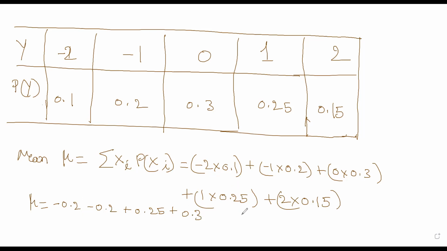So it is 0.55 minus 0.4. So this works out to be 0.15. You have to double it. Yeah, that is the mean you get.